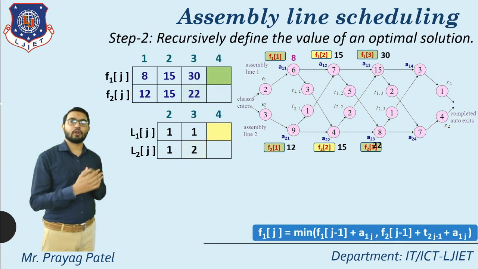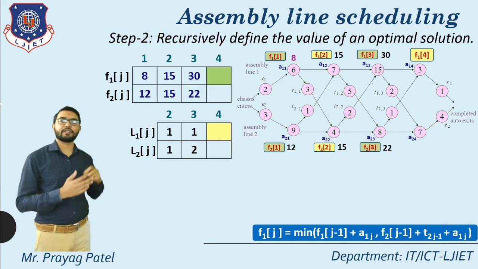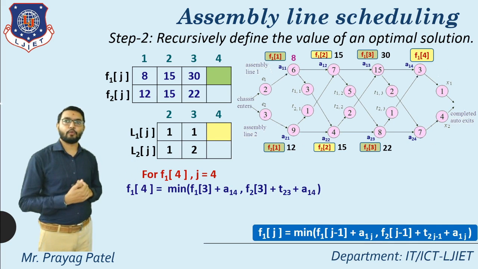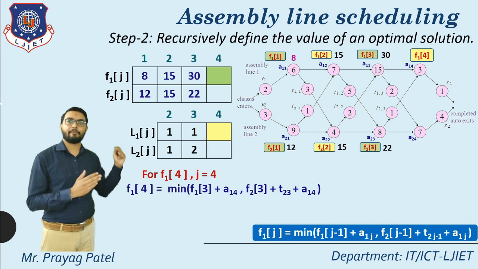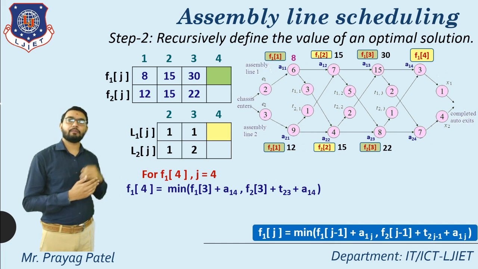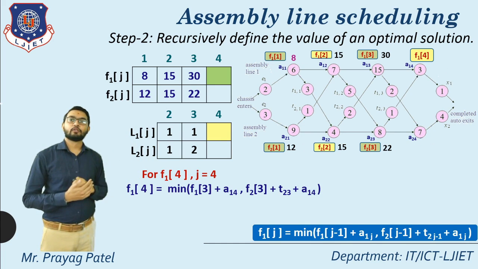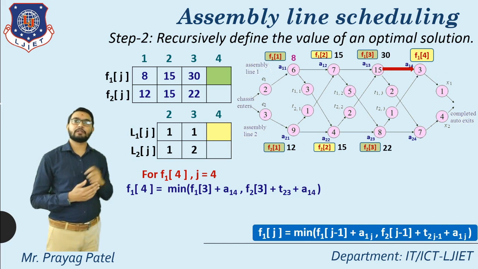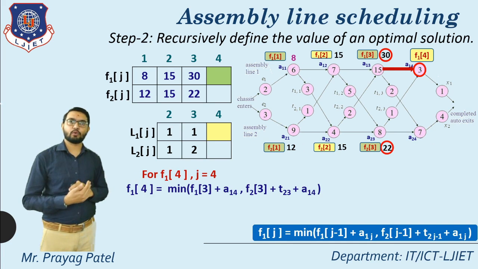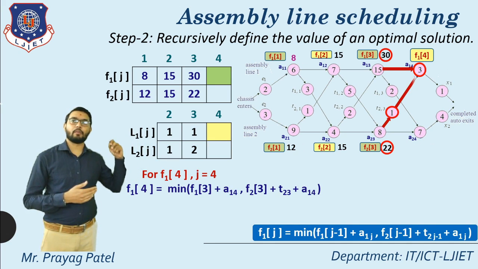Now consider the last column, in which we consider the location F14, with j equal to 4. According to our formula, F14 equals the minimum of F13 plus A14, and the second part F23 plus T23 plus A14. The first option is this path, with value 30 plus the next value 3. Now the second part from line 2 is the value 22 plus the path from 8 to 1, then the next path from 1 to 3.